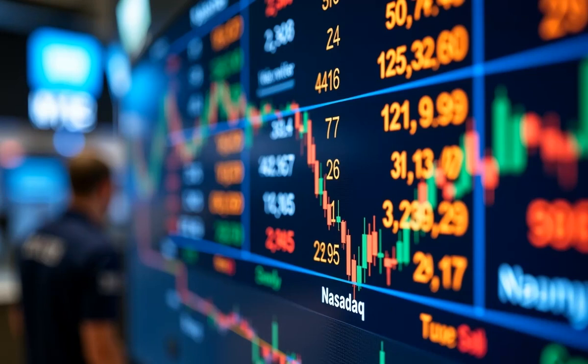For a split second, due to technical glitches or differing demand, the price on the NYSE might be $50.05, while on the Nasdaq it's $50. An arbitrager, typically using automated trading programs, would instantly buy the stock on the Nasdaq and simultaneously sell it on the NYSE, pocketing the 5 cents difference per share.